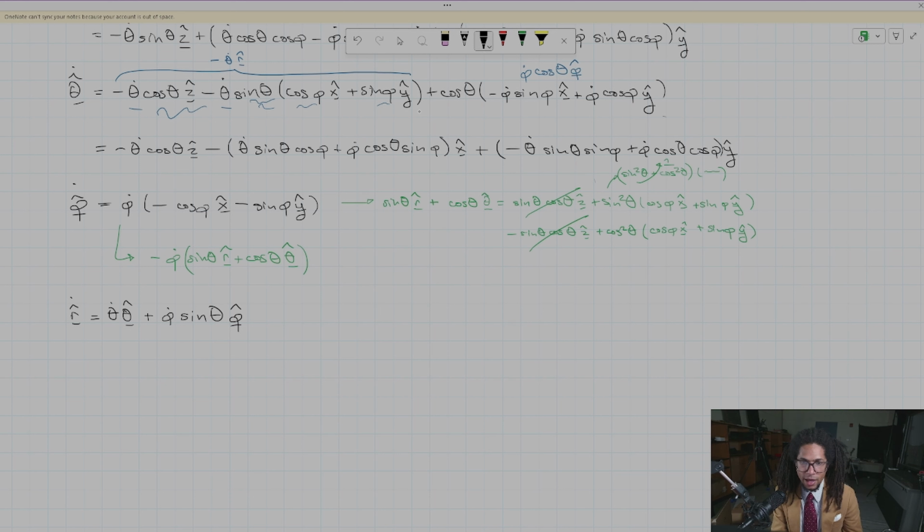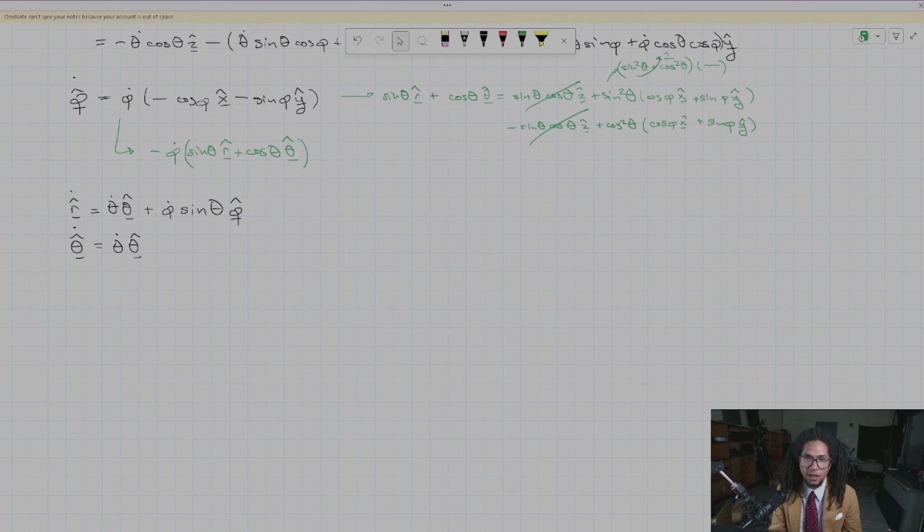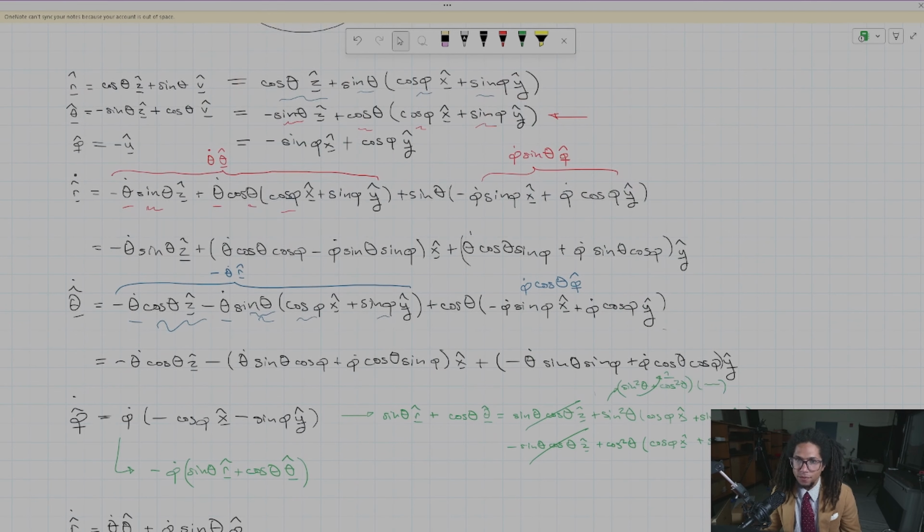Okay, next for theta hat dot, we get minus theta dot r hat, plus phi dot cos theta phi hat.